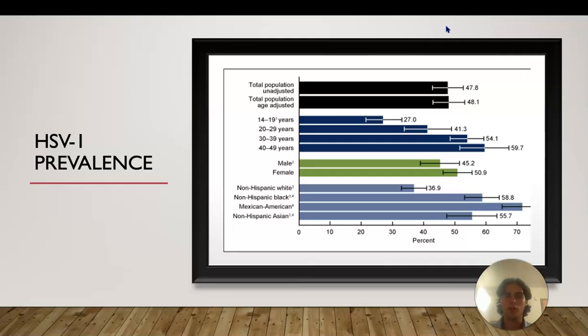This goes up by the time you're 50, to a 60% chance of having HSV1. Females tend to have a higher percentage of contracting this virus. This graph was made by the CDC, I think around 2015.